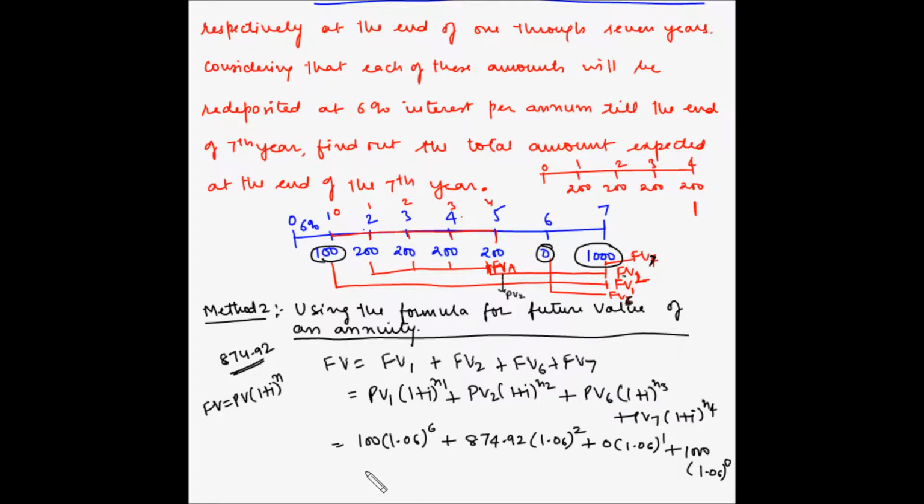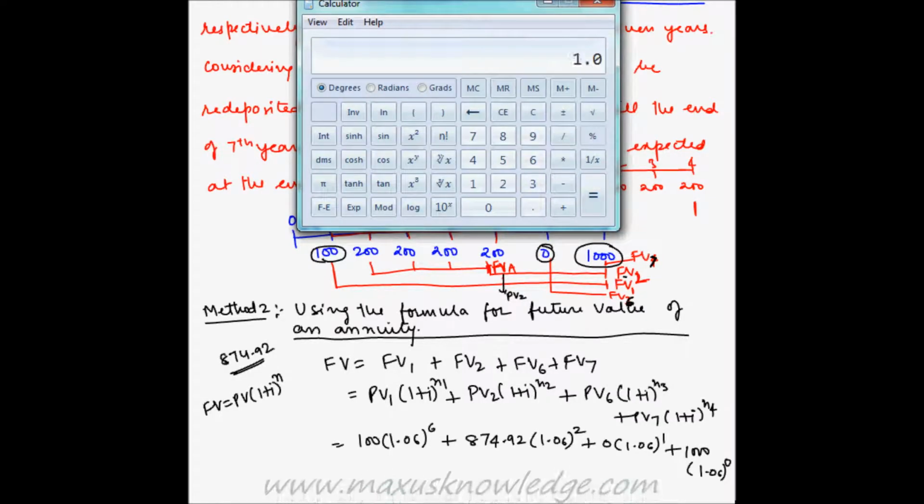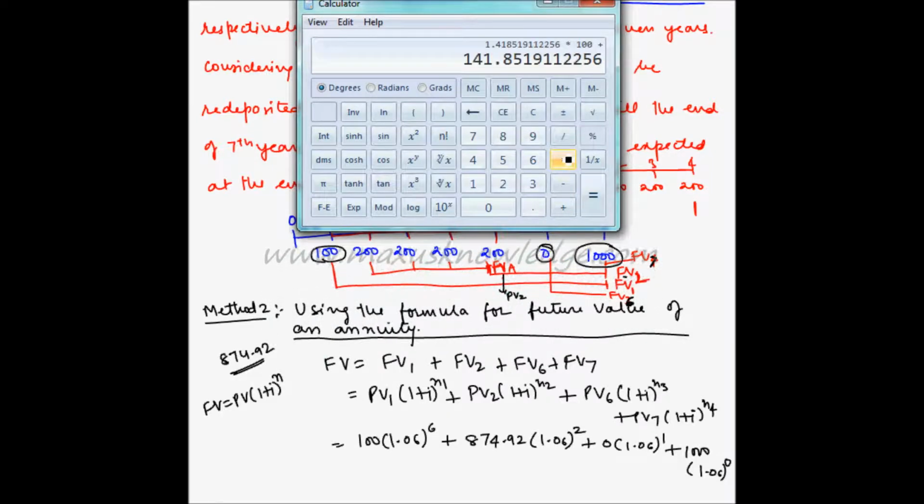So let's calculate this. So 1.06 to the power 6 into 100 plus 1.06 square into 874.92. Now 0 into anything is 0, so this will be 0.